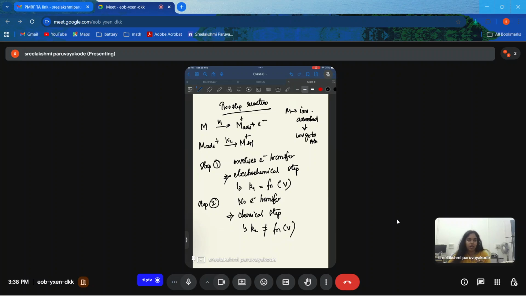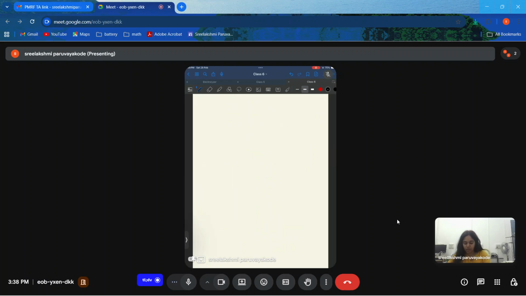Coming to the next step, these adsorbed metal ions are consumed and form the metal ions which go into the solution. Why that is important is that here we are considering the active metal has many active sites and part of it is occupied by the adsorbed intermediates. The total number of active sites is given by gamma.